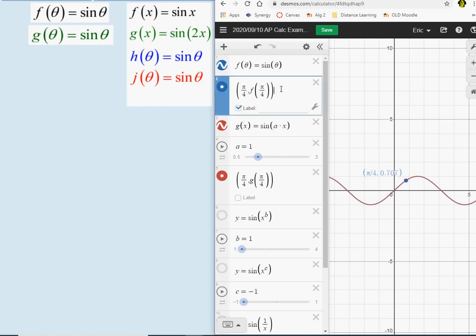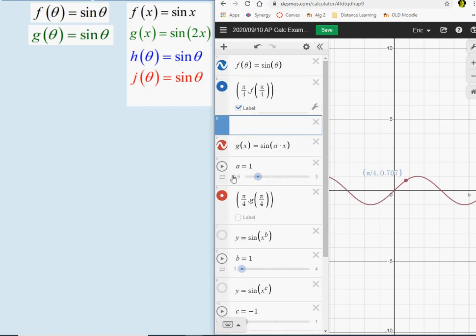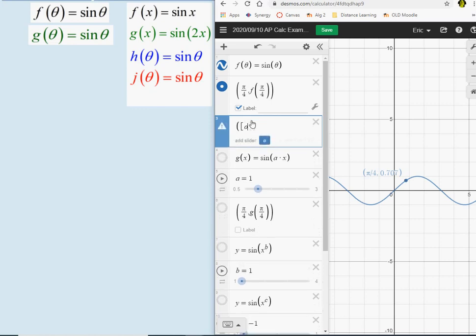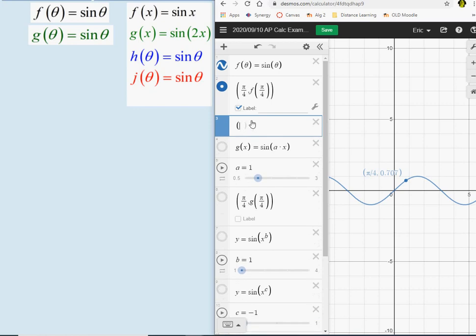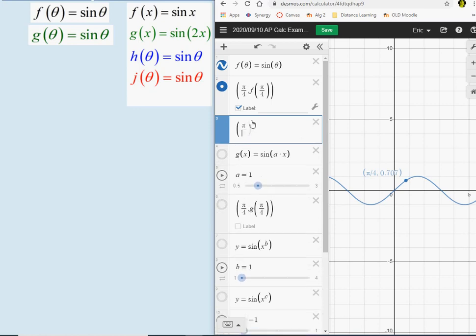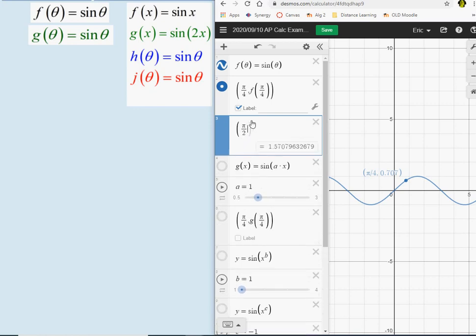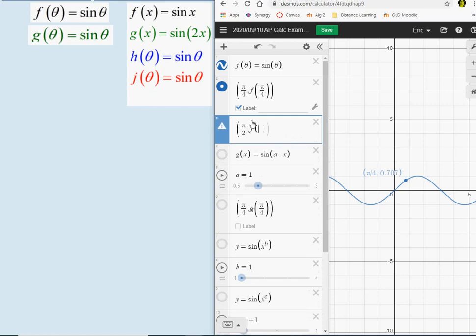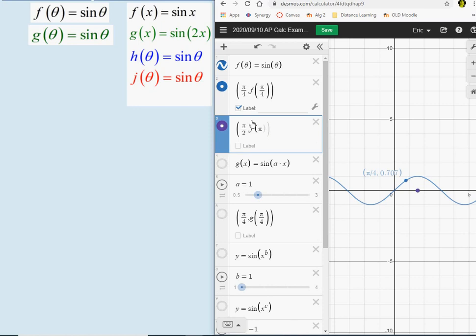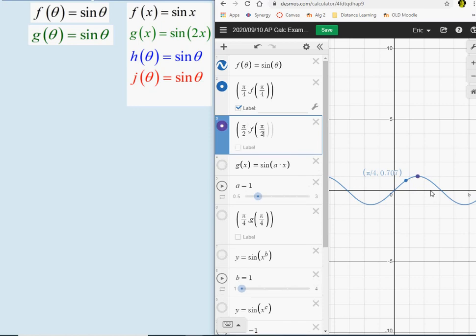It's going to see the point on the blue graph that would have been at pi halves, f of pi halves. There it is, right? It's going to see that point when we input a pi fourths.